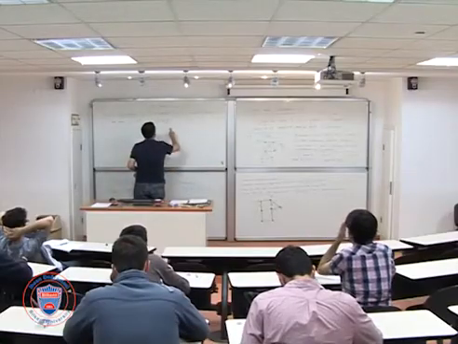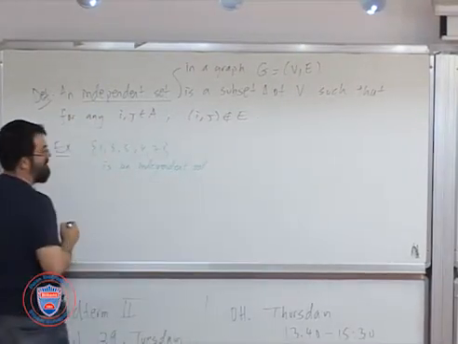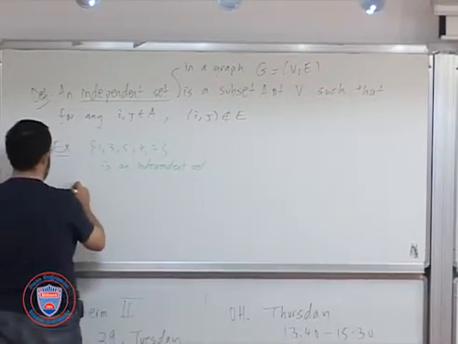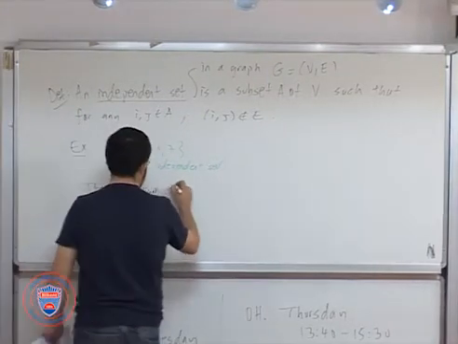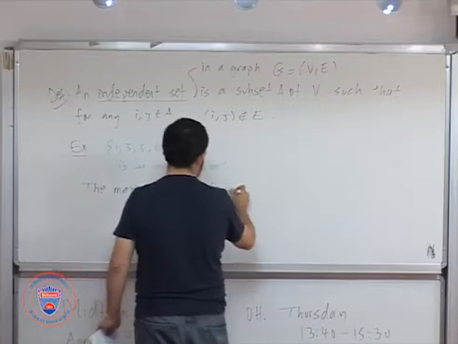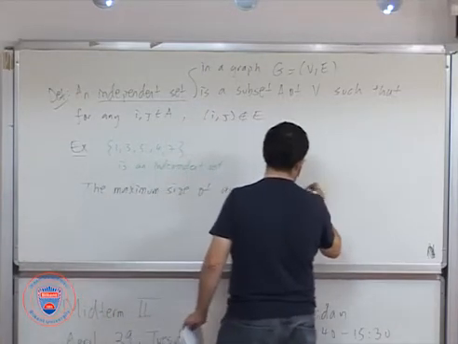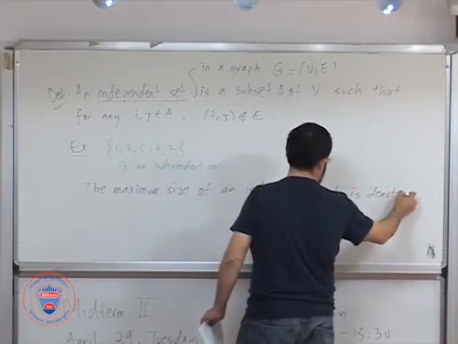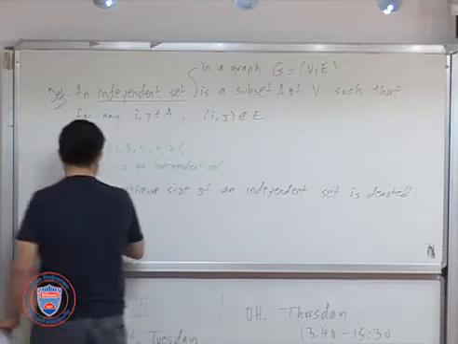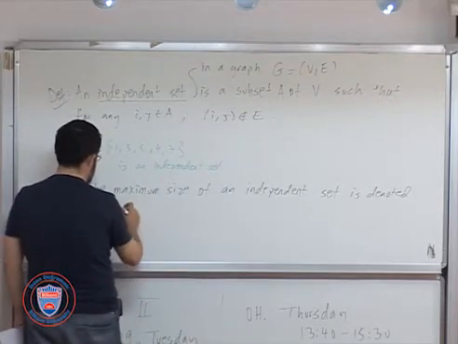For independent sets, we also have the maximum size of an independent set. The maximum size of an independent set is denoted by... So we can choose our notation.